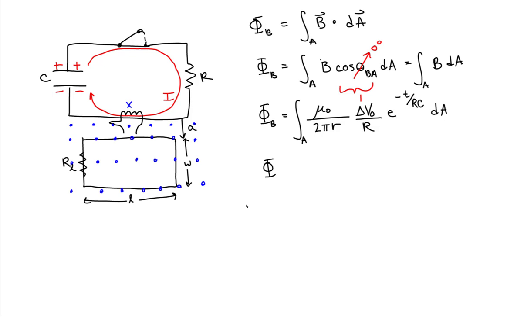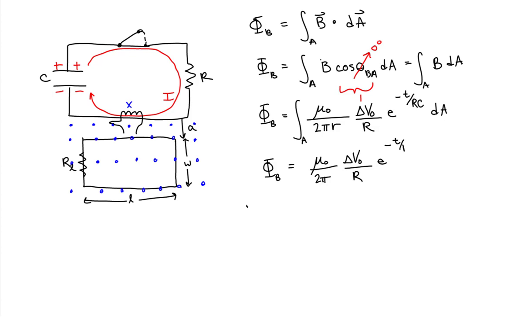Now notice that certain expressions here are constant, such as the permeability of free space, 2 pi, the potential difference of the initially charged capacitor, the resistance of our RC circuit, and with respect to the area, time does not depend on the area of the loop.